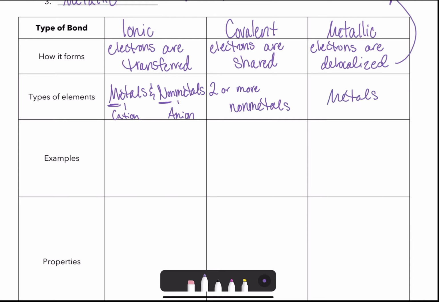An example of an ionic bond that we were talking about was NaCl, sodium chloride, table salt. Na is our metal, Cl is our non-metal. We have an ionic bond. I mentioned H2O as a covalent bond. Those are both non-metals, hydrogen and oxygen. Another covalent bond you'd be familiar with: take a nice deep breath in and out, and as you breathe out, you release CO2. That would be a covalent bond. They are both non-metals.